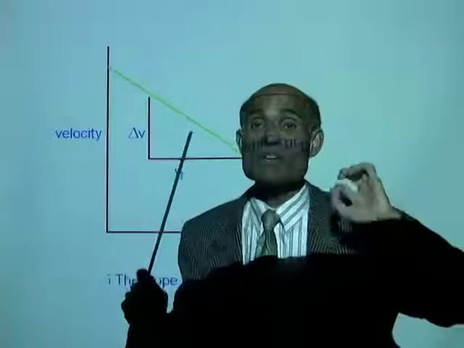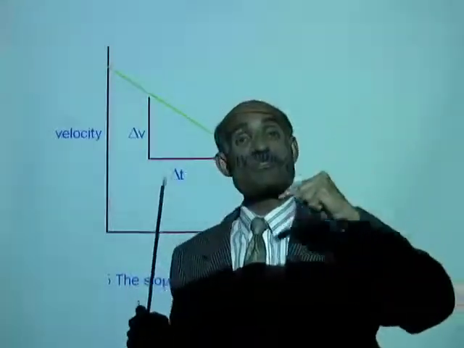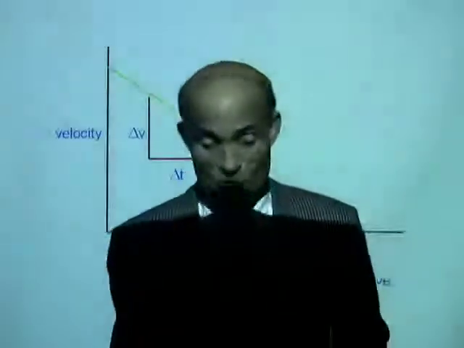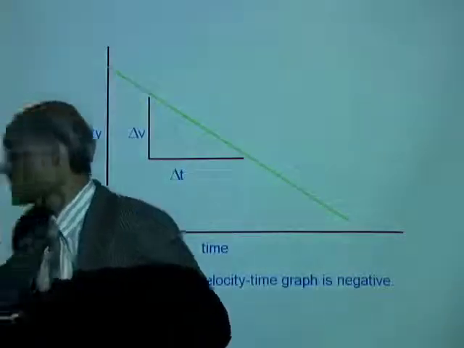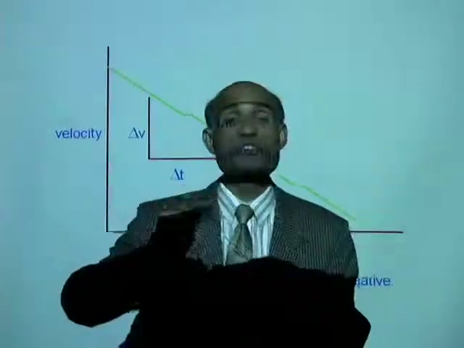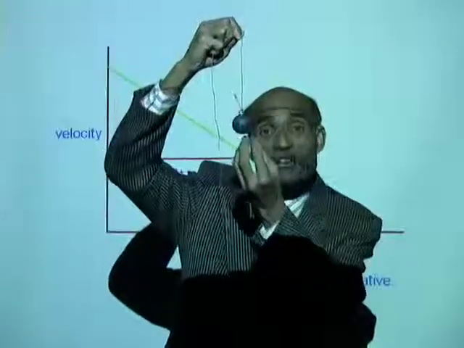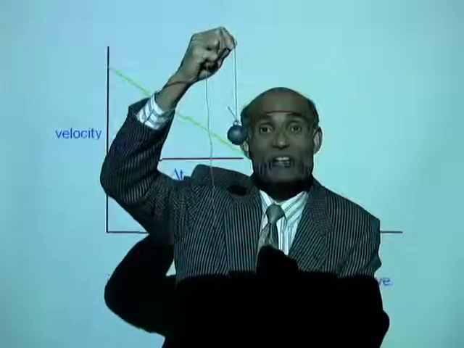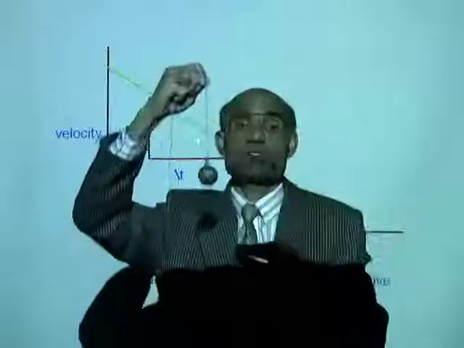In other words, the direction of acceleration is opposite to the direction of velocity. Now, I will also talk about a negative acceleration if the acceleration is in the downward direction. You see, we are used to understanding a downward direction as negative and an upward direction as positive.